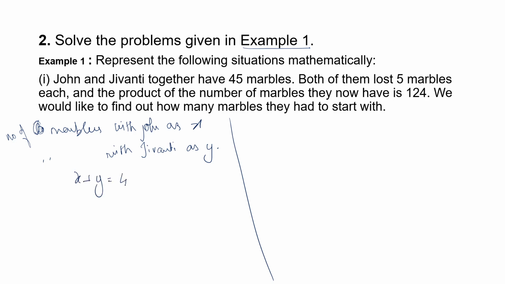That means X plus Y will be equal to 45. Both of them lost 5 marbles. That means initially they had X and now they lost 5, so it will be X minus 5, and both of them lost, so it will become Y minus 5.